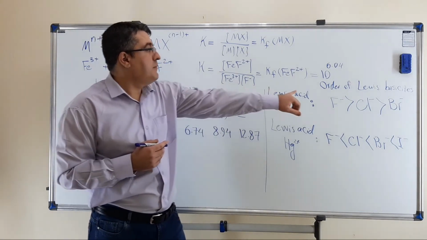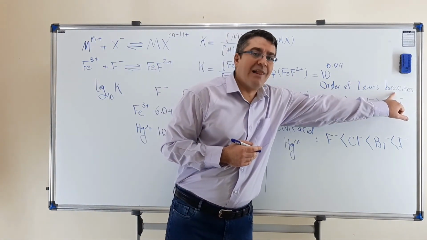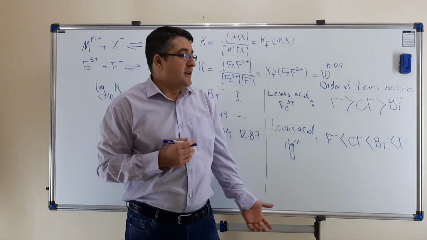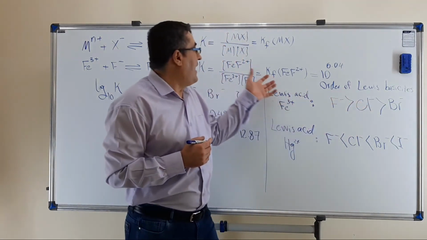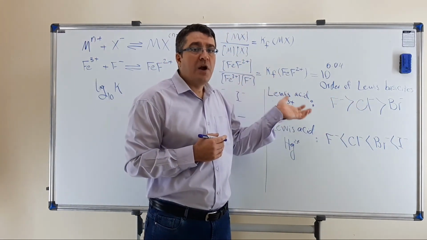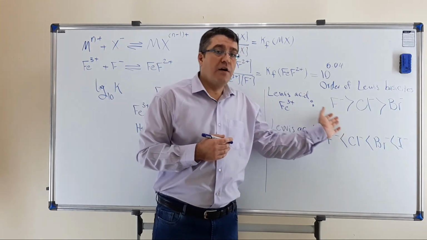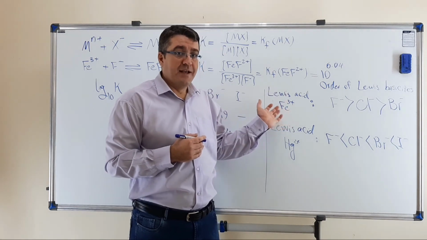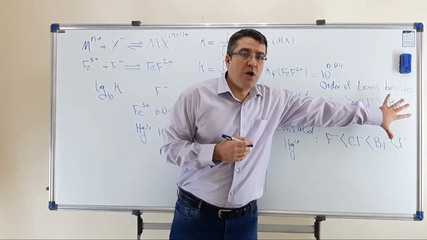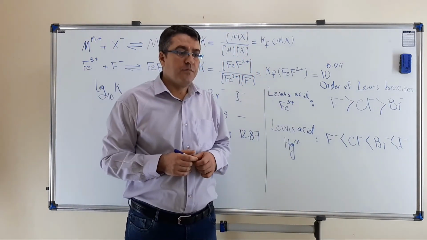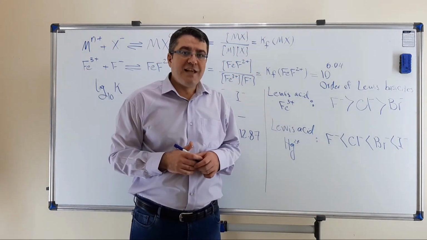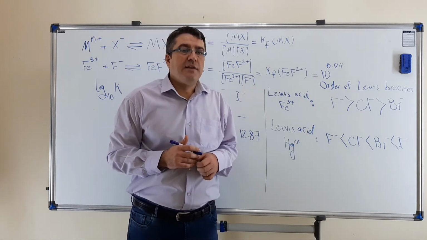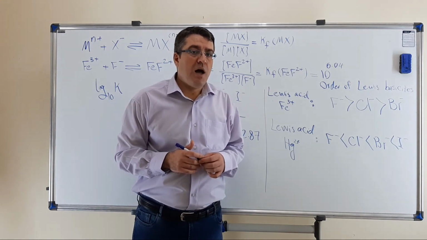For example, to determine the order of Lewis basicities of halide anions in aqueous solutions, we need two parameters. One parameter, for example, the value of the equilibrium constant, and another parameter, the type of reference Lewis acid, the Lewis acid against which the order of Lewis bases is compared. We will see other examples of this aspect of the phenomena, for example, in Drago's ECW and ECT models later.